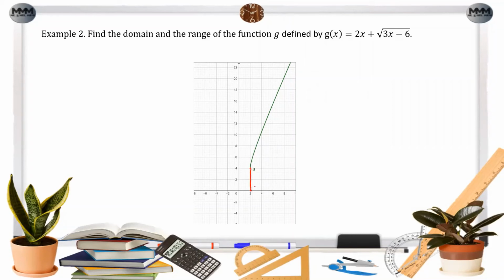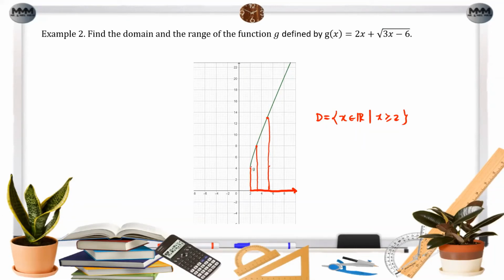This is the point of the function, the domain or the value of x is here. As you notice here, the value of x starts from 2 going to infinity. Hence, the domain of the graph is the set of values of x in R such that x is greater than or equal to 2.